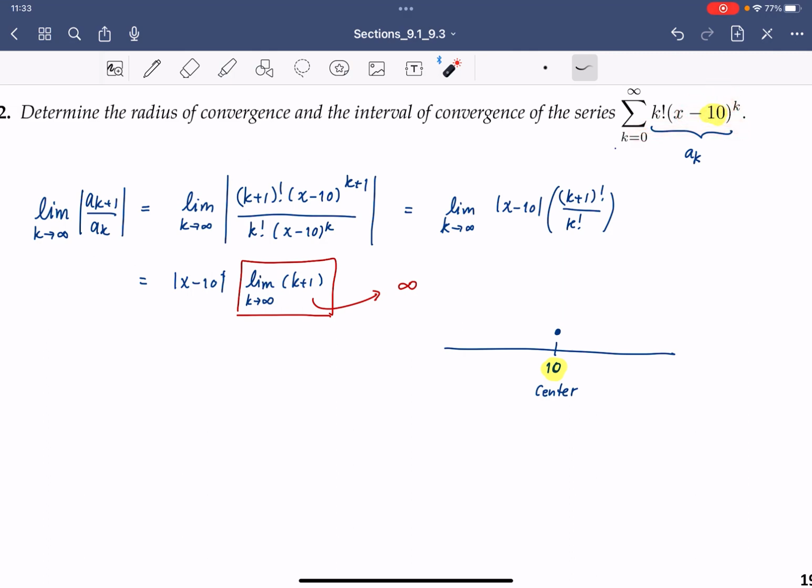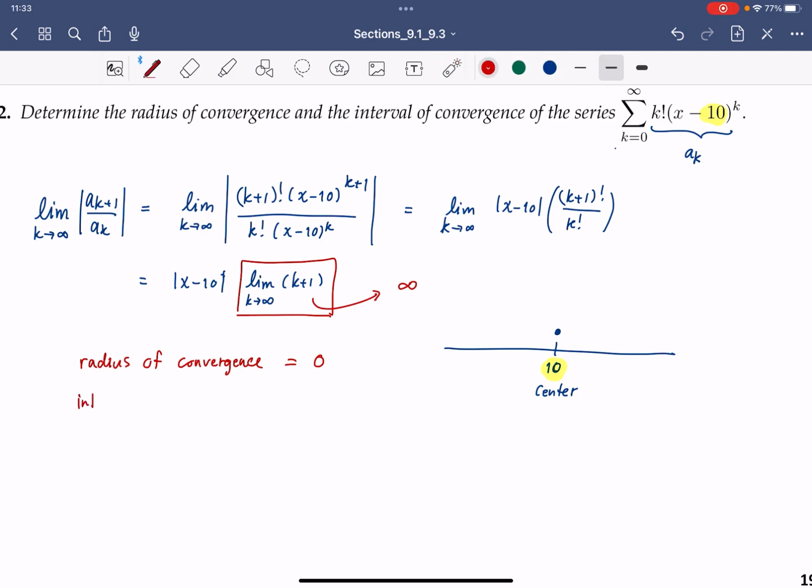So the only case where it is convergent is at the center. Does it make sense? For this case, you can say that the radius of convergence is 0, because you cannot find any x value that gives a ratio below 1.